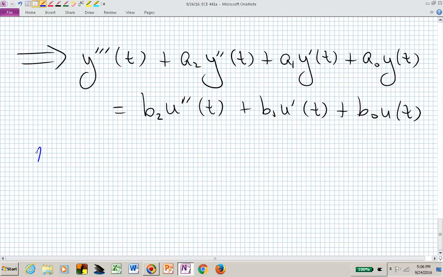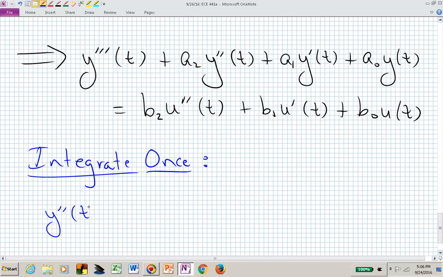Let me then say that I'm going to integrate one time, and in so doing, if I integrate y triple prime once, I hope it's clear that I end up with the second derivative of y. And now I've moved all the y terms to the right-hand side, and I've integrated every term one time.